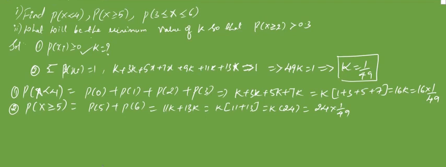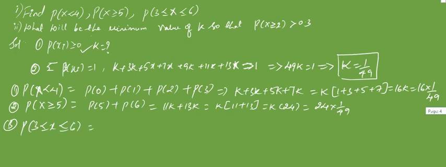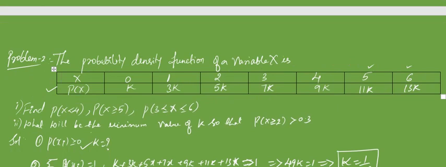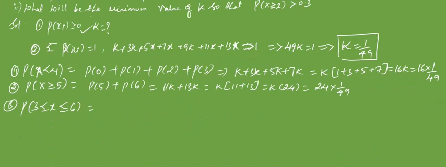Similarly, you can check the third case, probability of 3 less than or equal to x less than or equal to 6. That means the range lies between 3 and 6, which is 3, 4, 5 and 6. So write its probability: probability of 3 plus probability of 4 plus probability of 5 plus probability of 6, because it includes 6 and 5, and between that is 3 to 6.